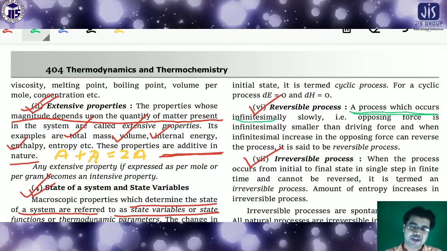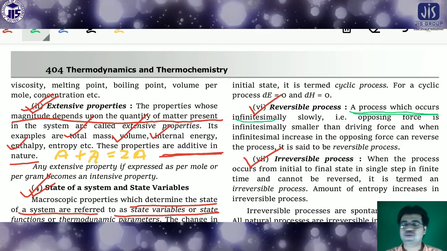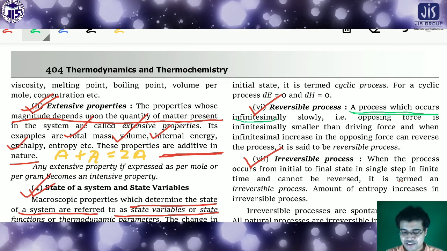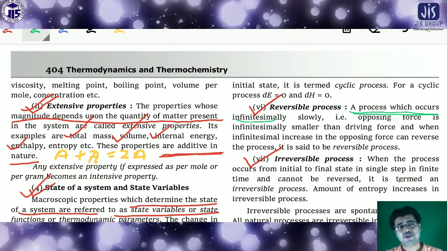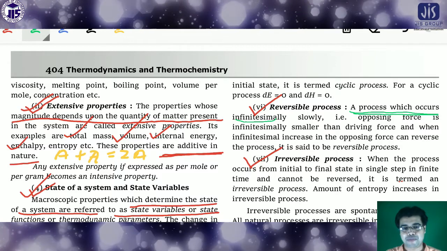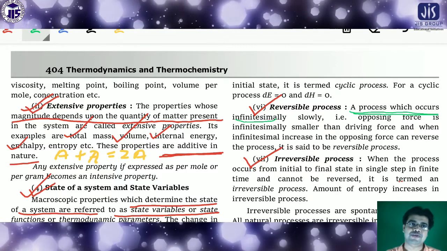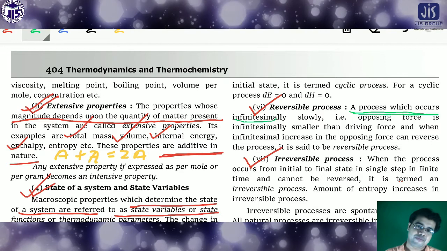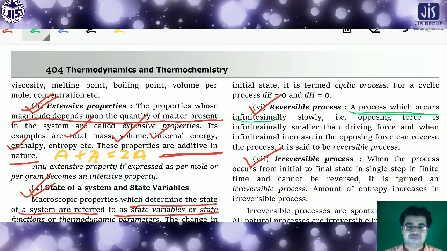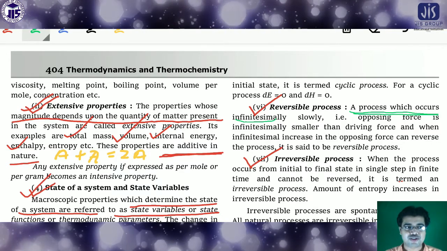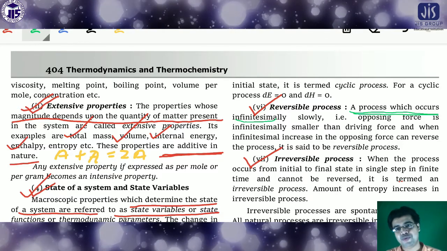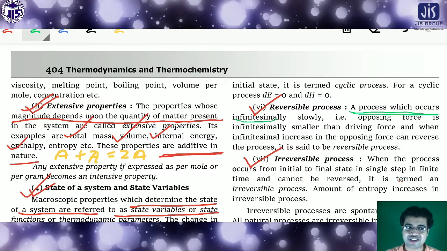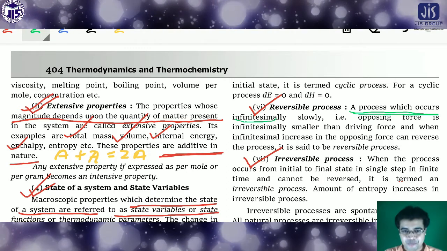Because when we are doing the process, there are two types of forces acting: the opposing force and the driving force. Driving force means the force we apply to do something, and if that particular substance has some stiffness, it has no tendency to change, so it tries to oppose this kind of change.